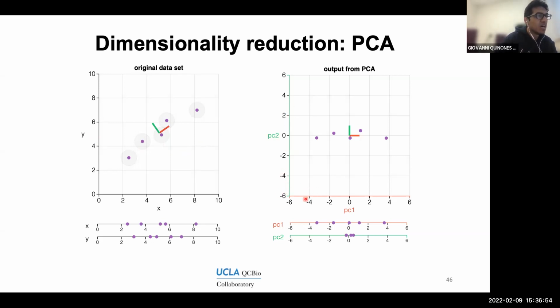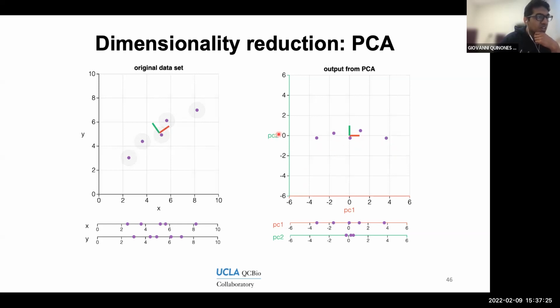Instead of X and Y, we label them as PC1 and PC2. And what's different between these 2 sets of coordinates is that in the PC space, across the PC1 axis, your data points are very spread out. That's something you can see over here too. Your dots are very spread in this direction.